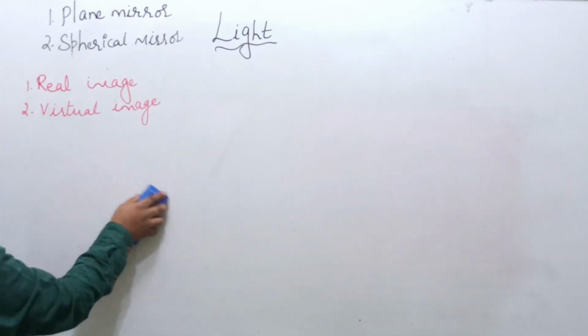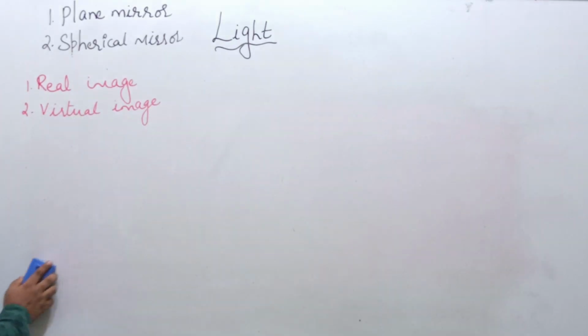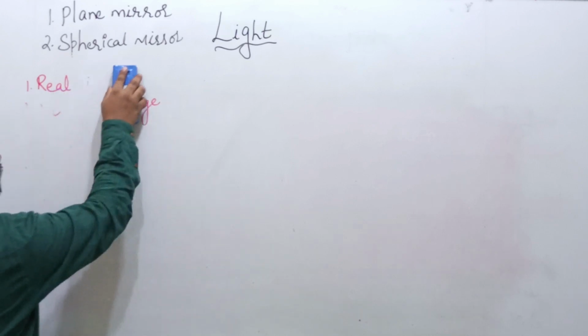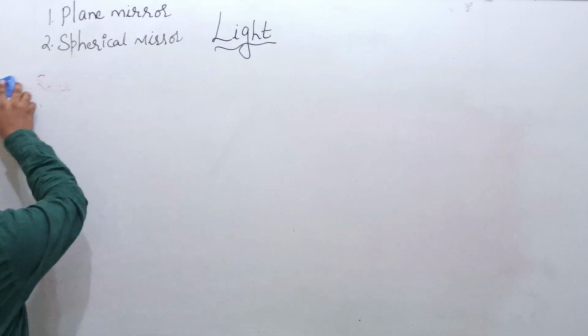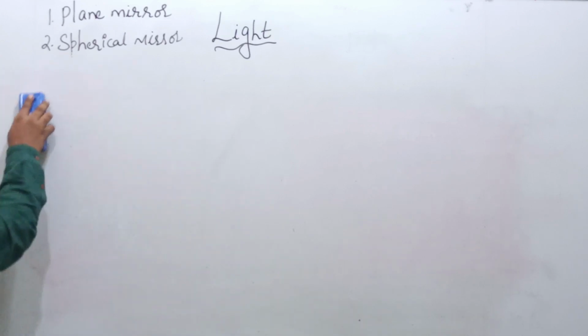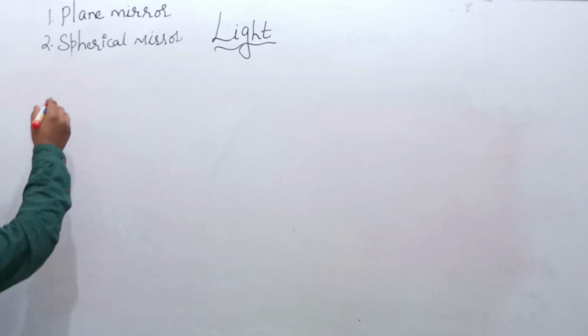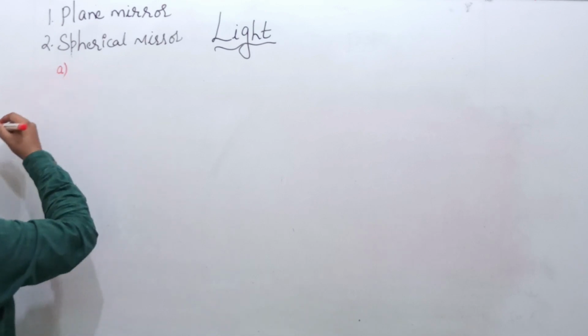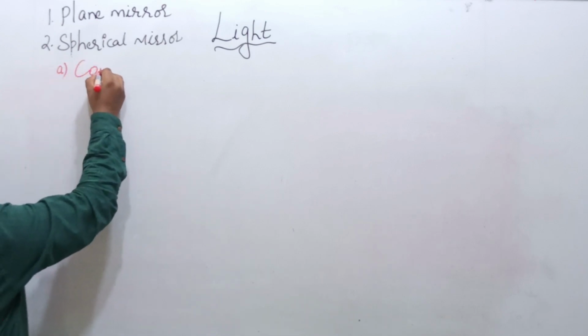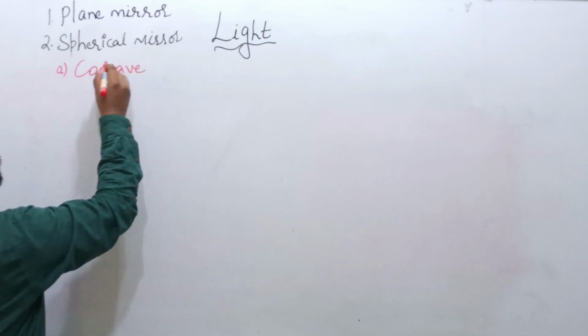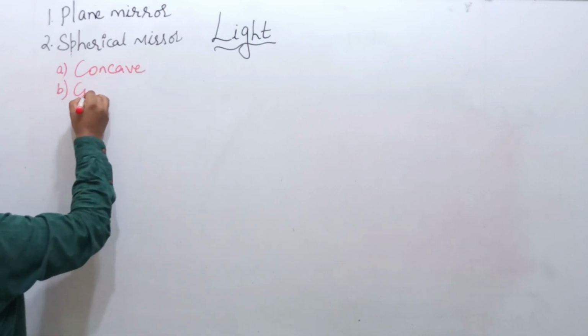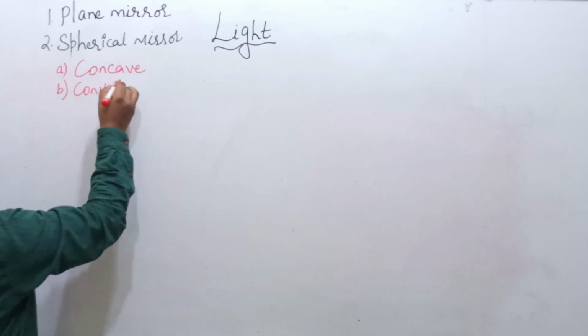Now we will see the terms used in spherical mirrors. Yesterday we discussed that there are two types of spherical mirrors: one is the concave mirror and the other one is the convex mirror.